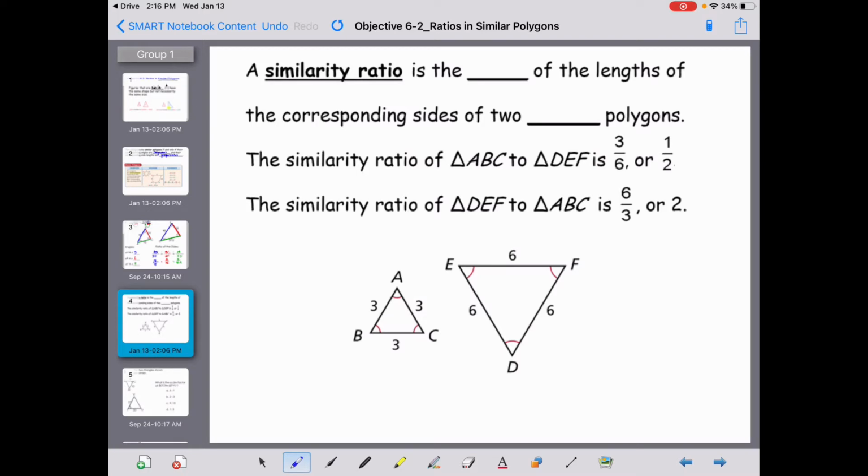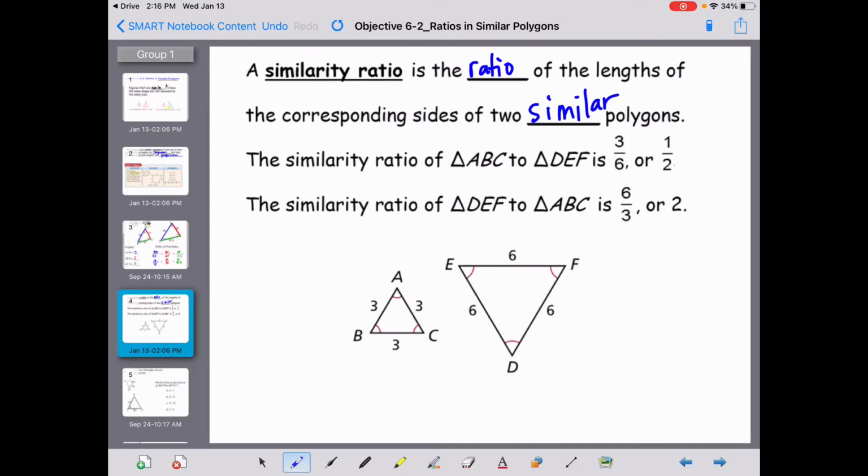A similarity ratio is the ratio of the lengths of the corresponding sides of two similar polygons.